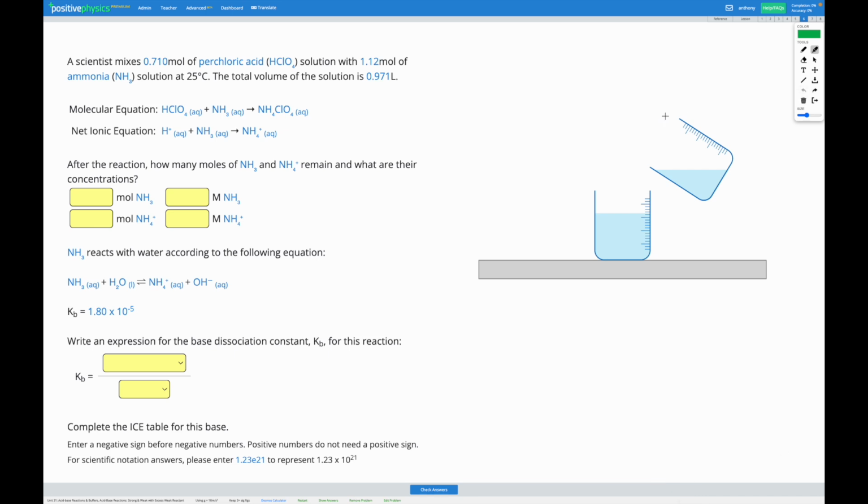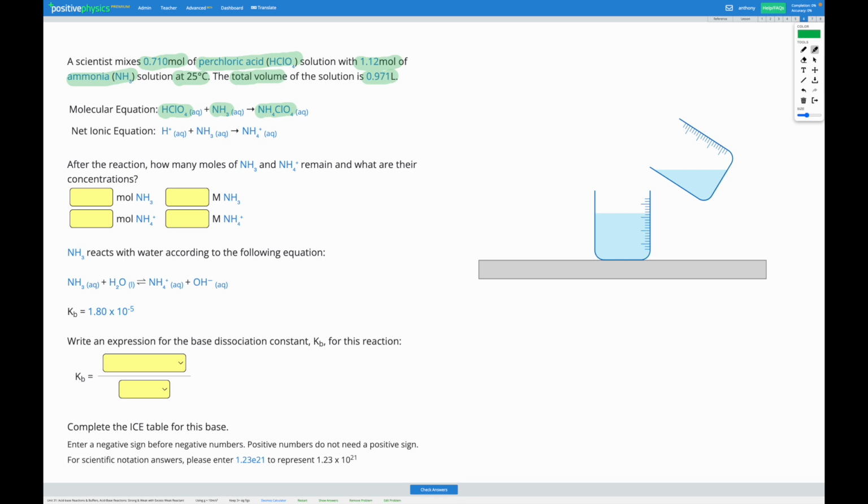In this particular question, we mix 0.710 moles of perchloric acid with 1.12 moles of ammonia solution at 25 degrees C. We're told the total volume of the solution is 0.971 litres. So we can see here we've got our perchloric acid and our ammonia reacting to form our product here.